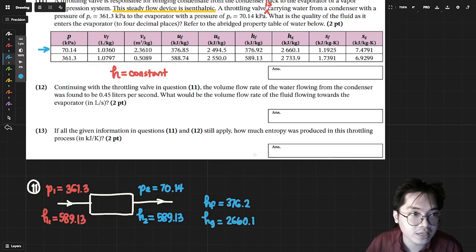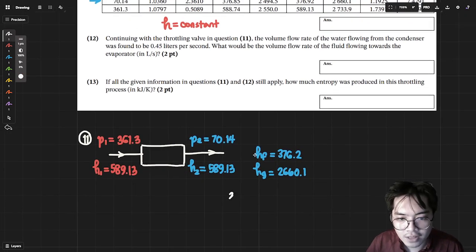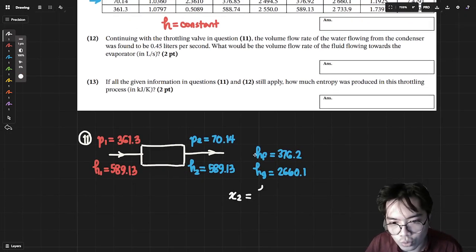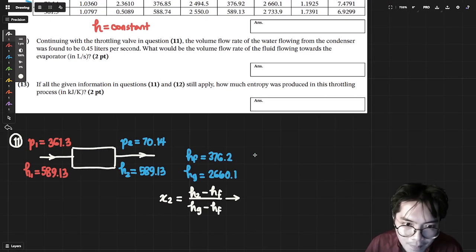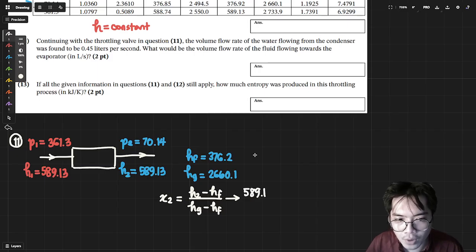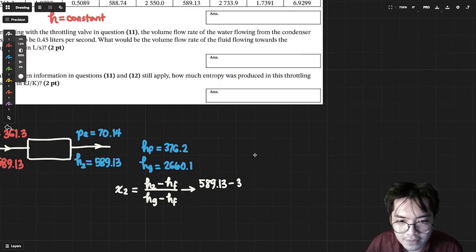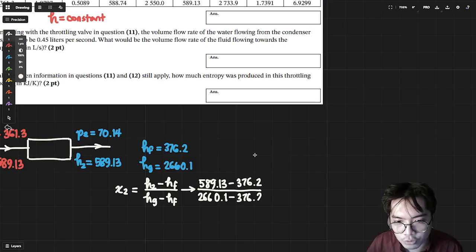That means we can easily calculate the quality of state 2 by using this formula, H2 minus HF over HG minus HF. If you did not remember this formula, now is your time to try and remember again. 589.13 minus 376.2 all over 2660.1 minus 376.2.